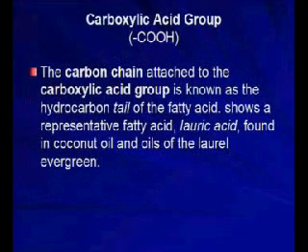The carbon chain attached to the carboxylic acid group is known as the hydrocarbon tail of the fatty acid. Representative of fatty acids is lauric acid, found in coconut oil and oils of the laurel evergreen. I'm not sure what a laurel evergreen is, but again, it's a source of oil.